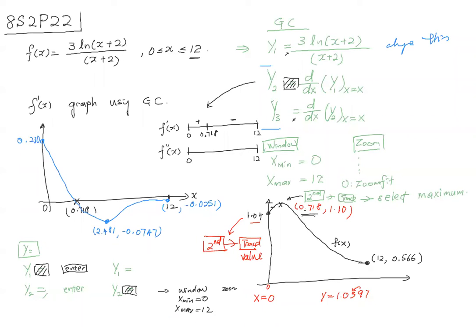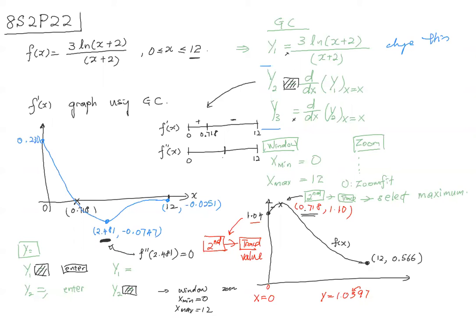Okay, so when we talk about inflection, when we talk about f double prime, we look at the f prime x graph. This is the stationary point of f prime x. So I will make a mark here. That means this information gives me f double prime 2.481 is equal to 0, because this is the stationary point of f prime x.